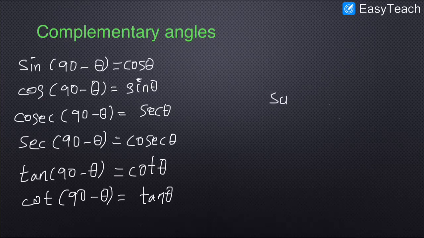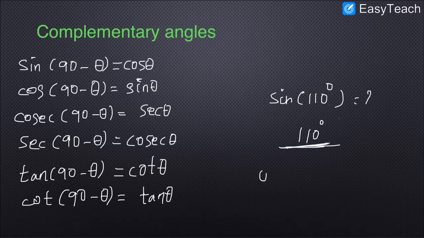Suppose sine 110 degree is given and we are asked to find it. How to solve this? We don't know 110. It is not a standard angle from the table, right? Actually the table values we have are for 0, 30, 45, 60 and 90 degree.